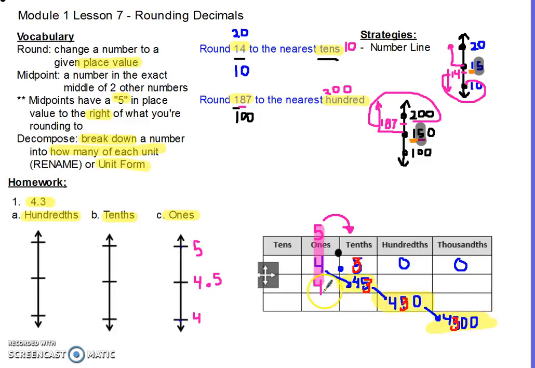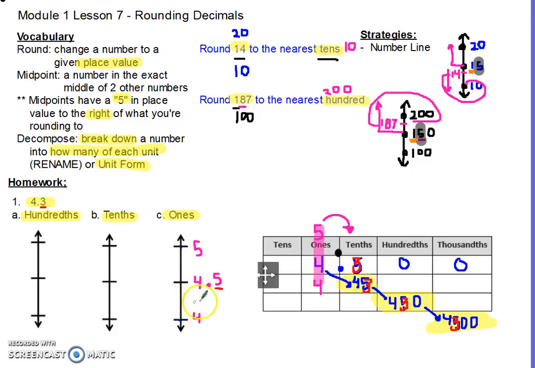Okay, so we have our number 4.3, and we're really looking at the midpoint. The midpoint is the one that is going to really help us to decide where our number goes. And so we're looking at that 3 in comparison to the 5, and we're asking ourselves, is that above or below the 5?